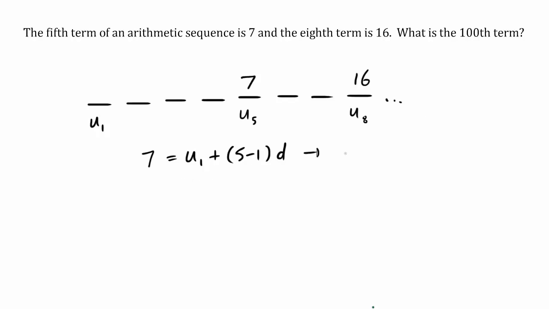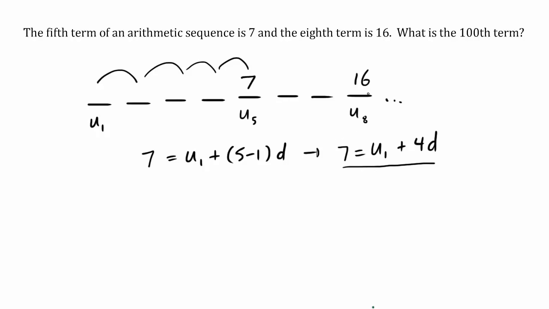So this becomes 7 equals U1 plus 4D. You can think of it as going 1, 2, 3, 4 jumps. You can use the formula, or you can just manually add up the D's.